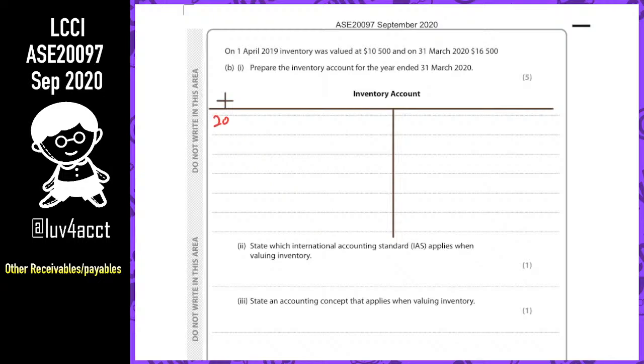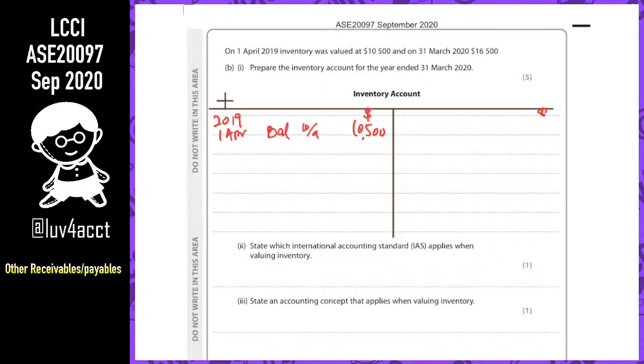So year 2019, you have 1st of April opening balance, so balance brought down here, 10500. So what's next? We know in the inventory account, by the end of the year, it will be changed to 16,500. But how?